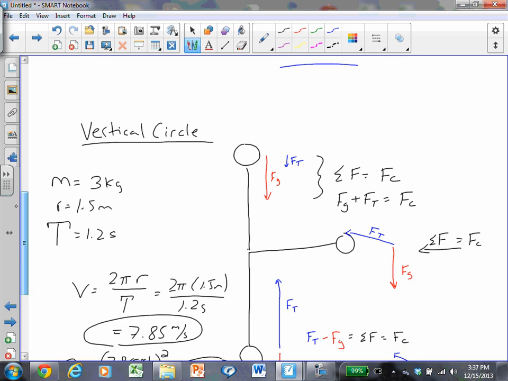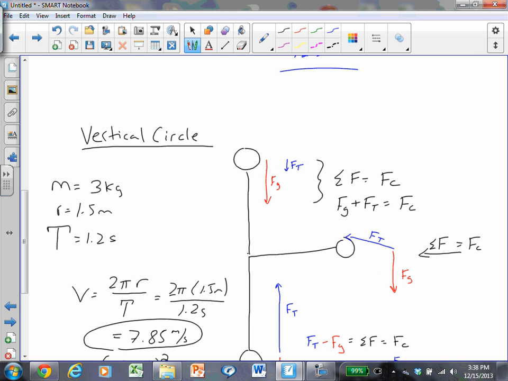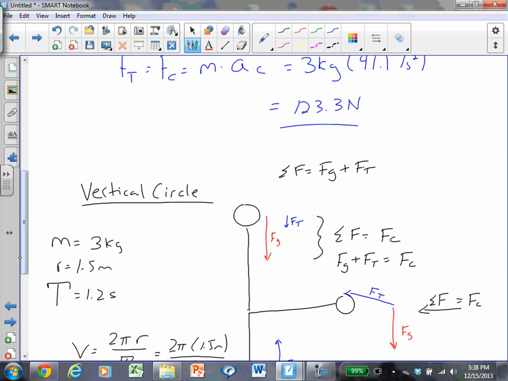At the top, the sum of the forces is Fg plus Ft, and so our 123.3 newtons would equal 30 newtons plus tension. So in that case, the tension is only 93.3 newtons.